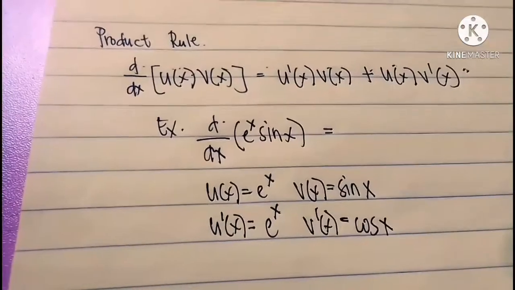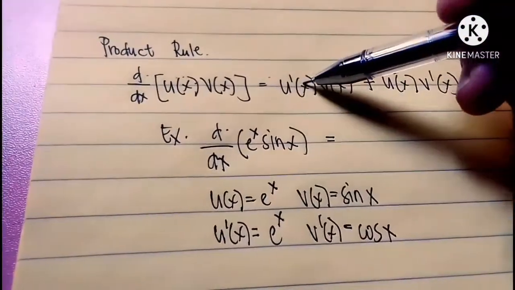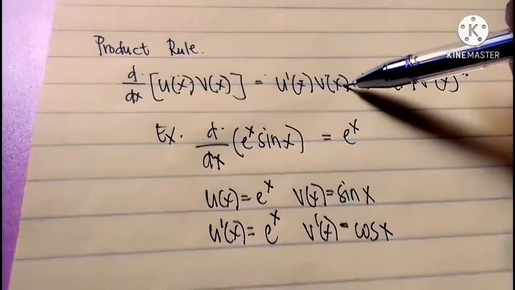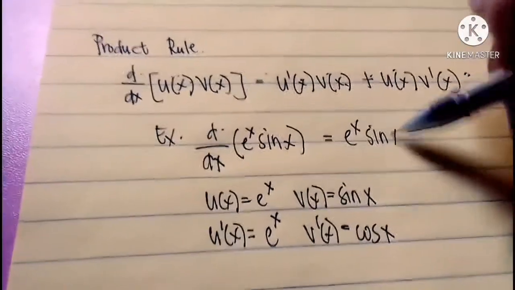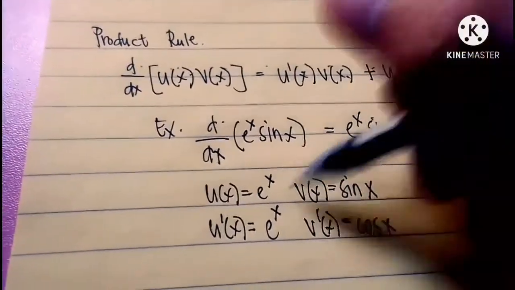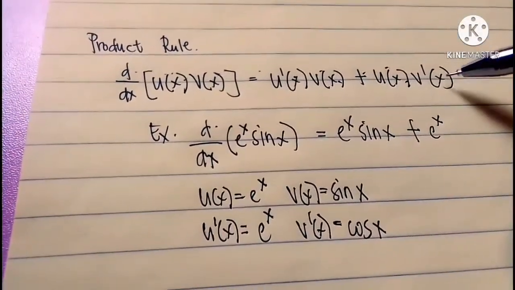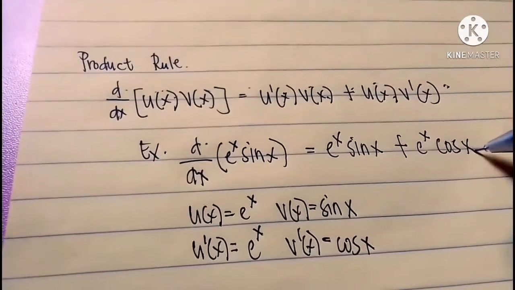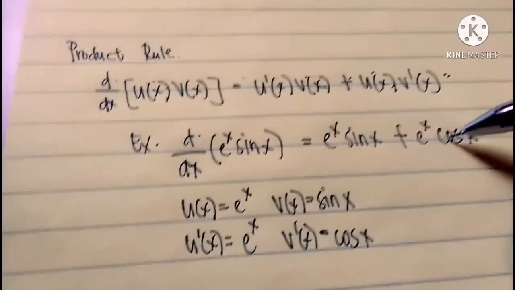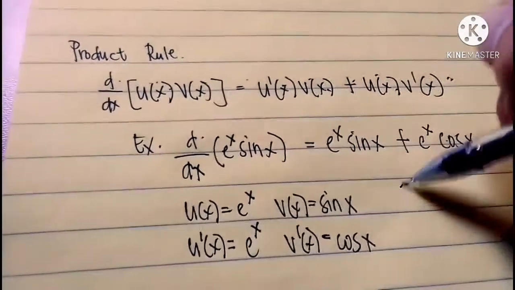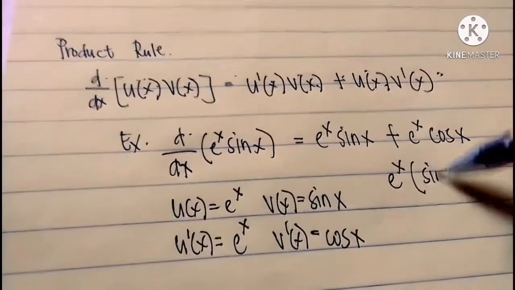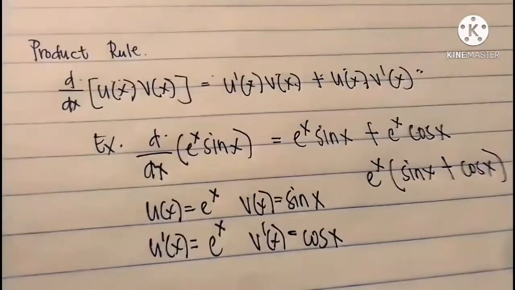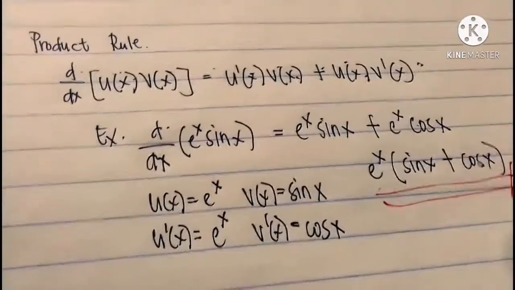Now we will substitute. u prime x is e to the x times v of x, which is sine x, plus u of x, e to the x, times v prime x, which is cosine x, and we can factor out the e to the x, and it's e to the x times sine x plus cosine x. And that's the final answer.